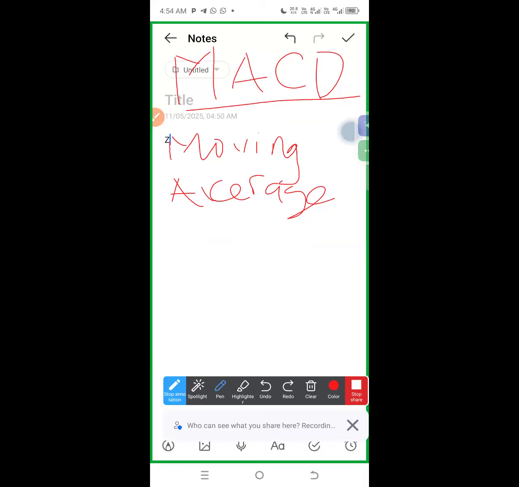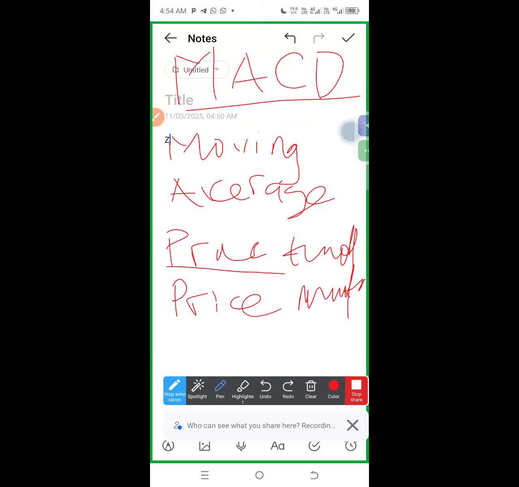So price trend, and then market or price momentum. When we are using MACD, the main purpose is to identify the price trend, and then after identifying the trend, it helps you identify the momentum of the price.